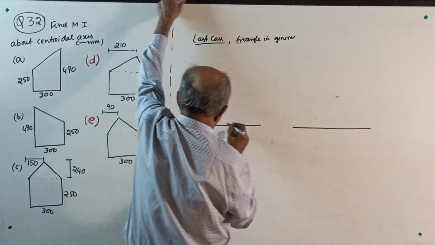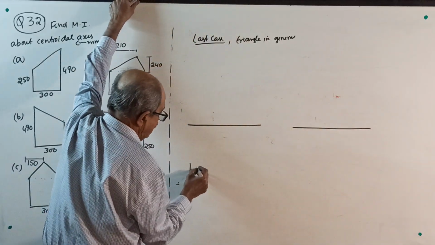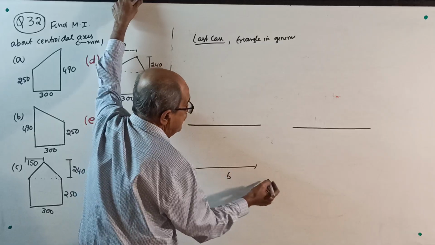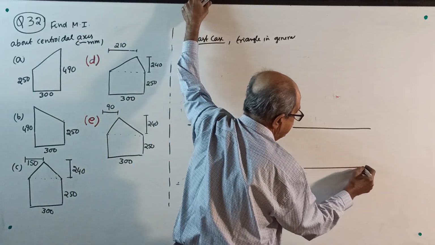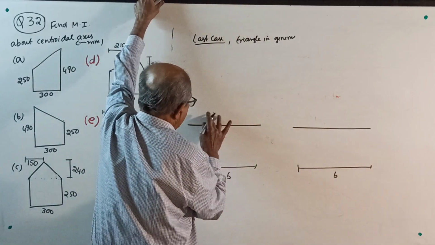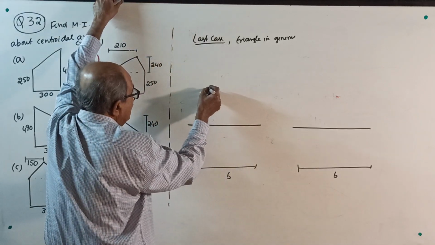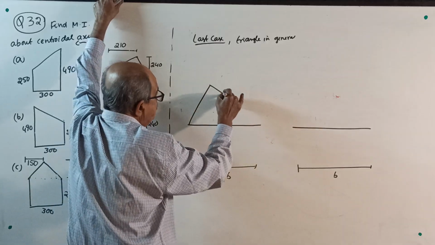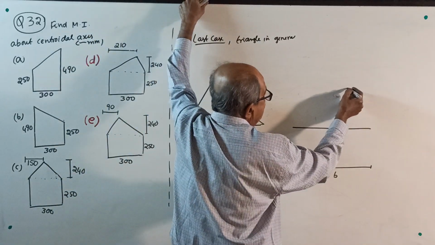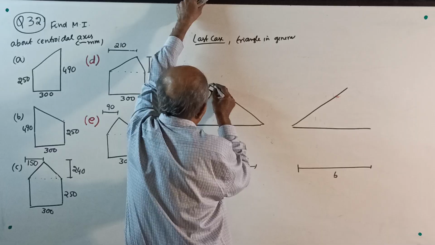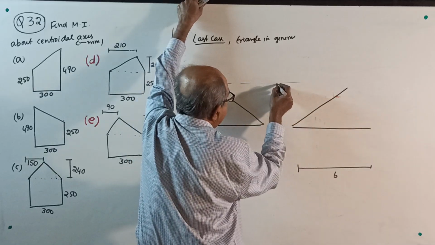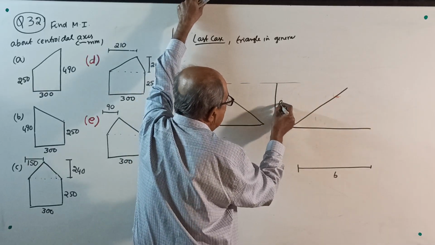I will write here. See, this is base B. Okay. Take base B. Here also take base B. Not center. One of them is bigger. I will make this smaller here and bigger here, or here, this one bigger. Same height, common height. Both of them, height is common. See, H. Okay.